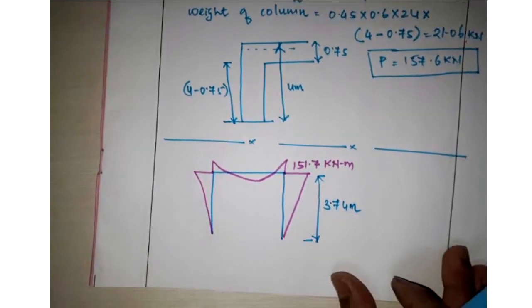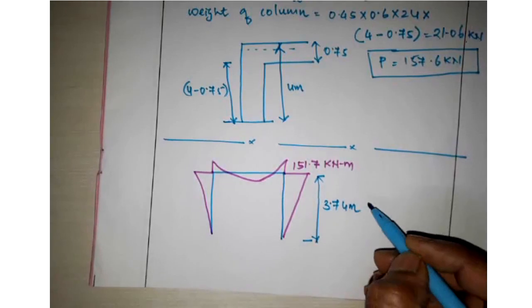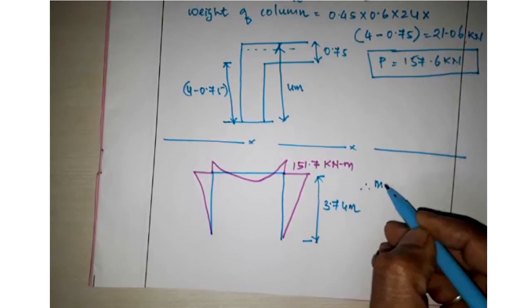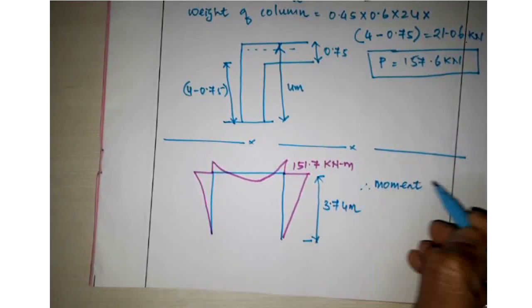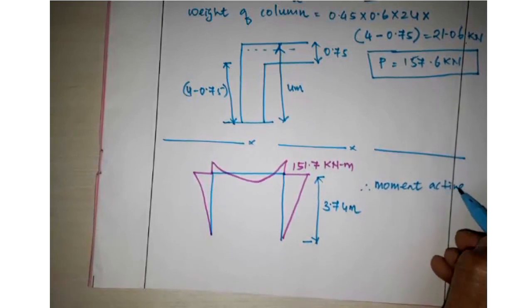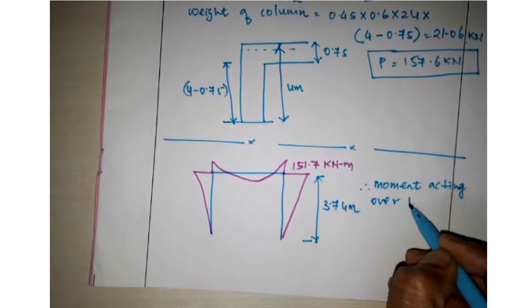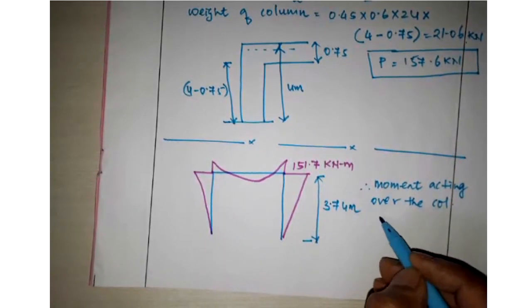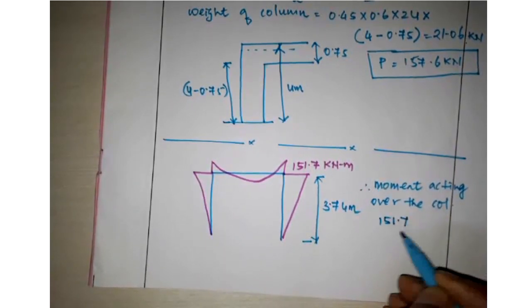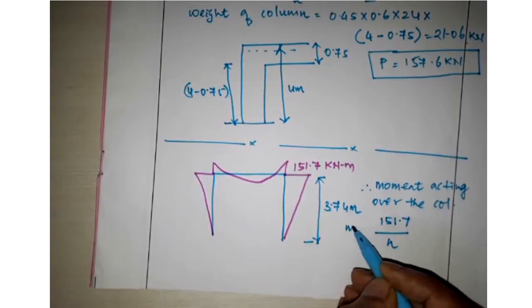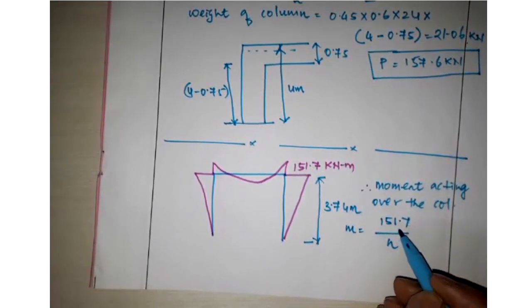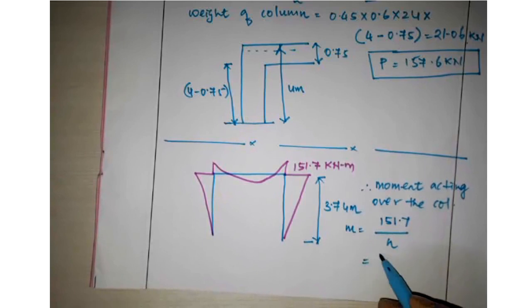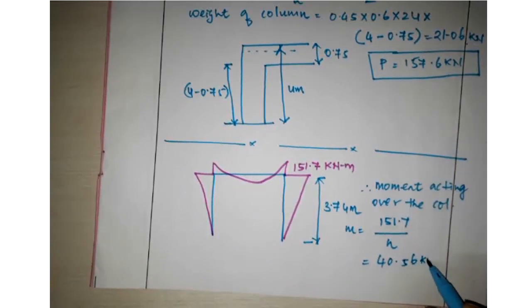Therefore the moment acting over the column will be 151.7 divided by height, M equal to 151.7 divided by 3.74. So we get here 40.56 kilonewton meter.